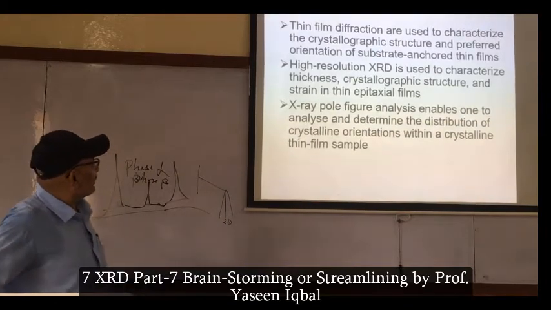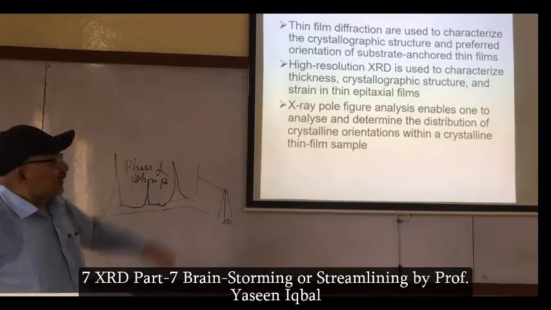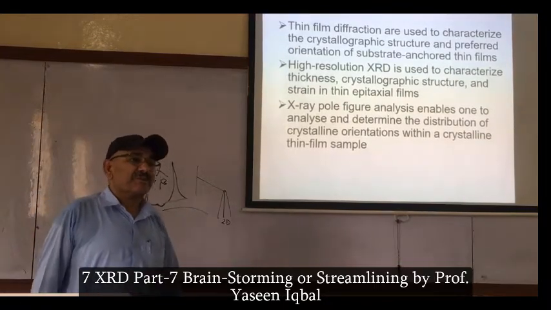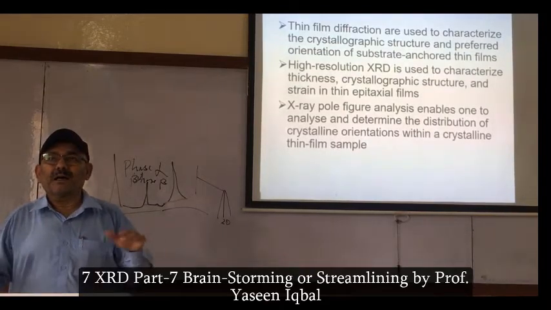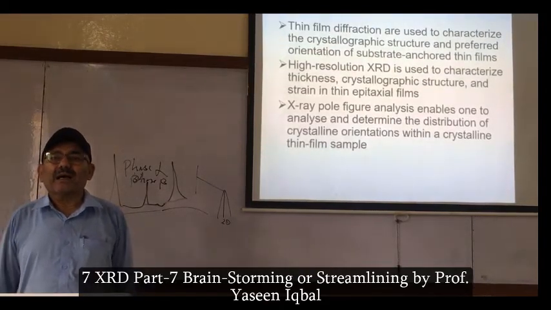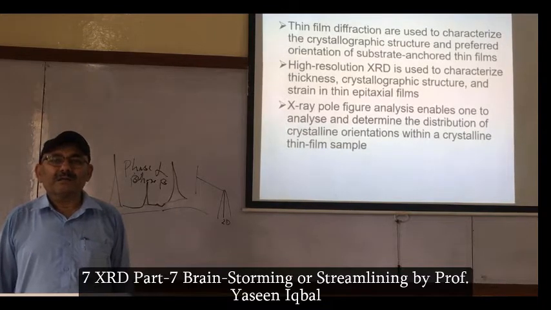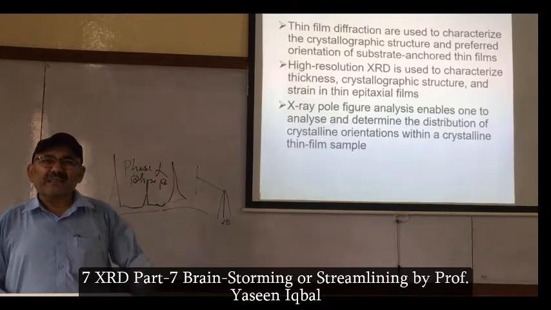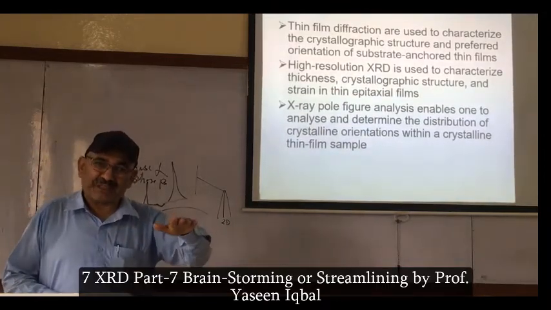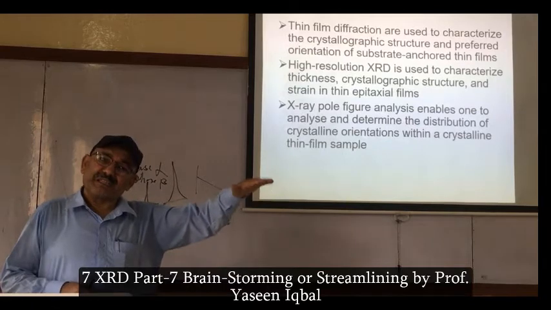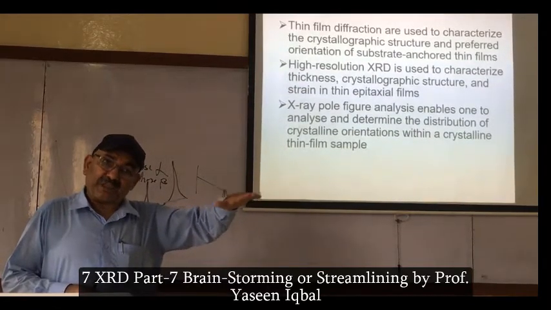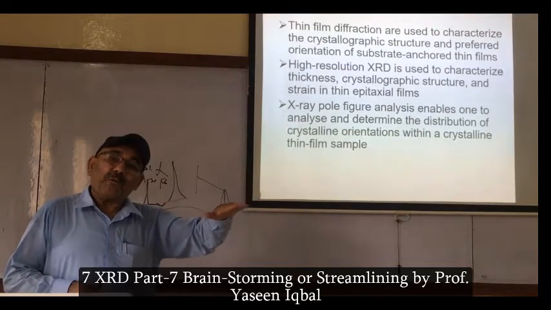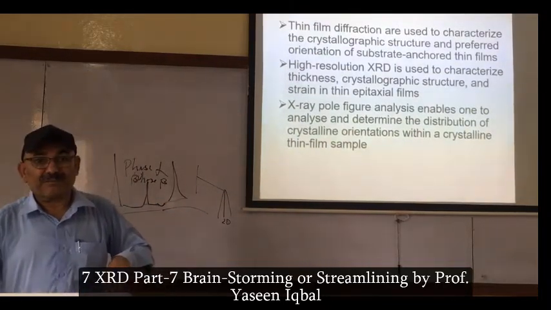So what were we talking about? Yes. So when you are forming a thin film over a substrate, you need a specific orientation of the crystals for some other process.